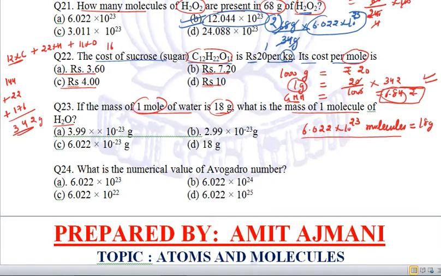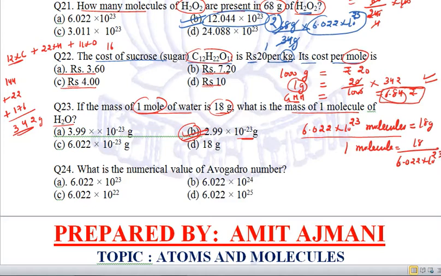We just need to calculate the mass of 1 molecule. Simply we will divide 18 by 6.022 into 10 to the power 23. On calculation, it will come out to be 2.99 into 10 to the power minus 23 grams. So B will be our choice, right?